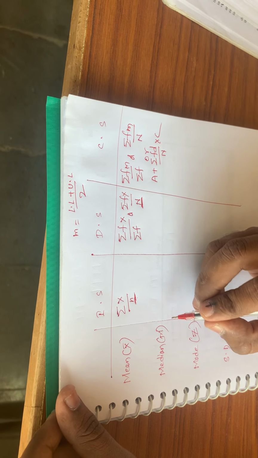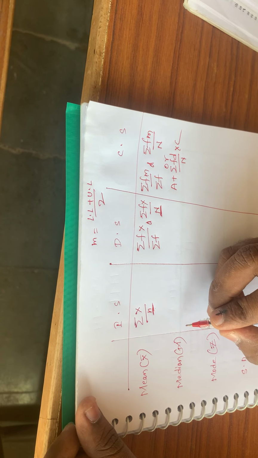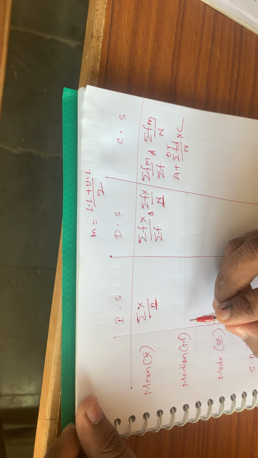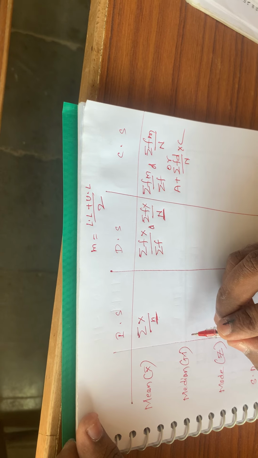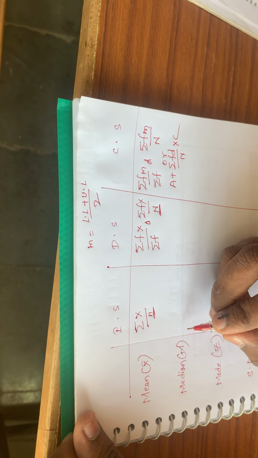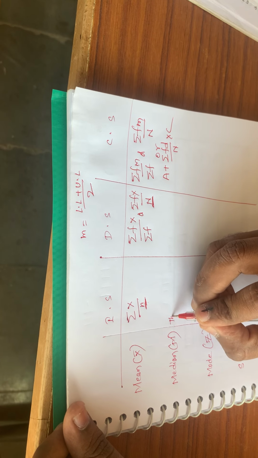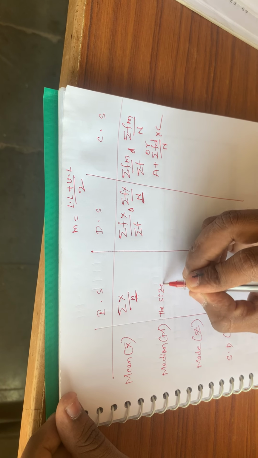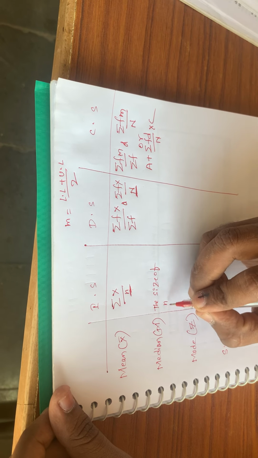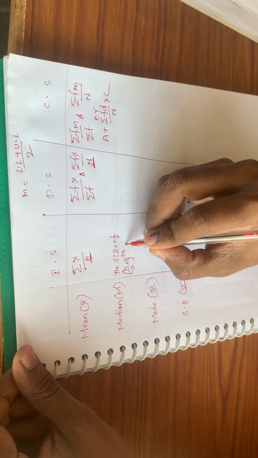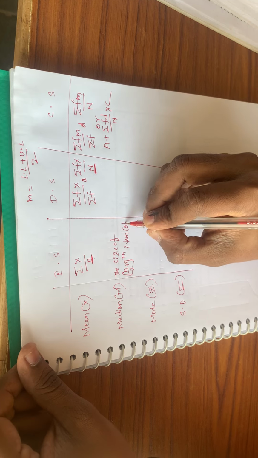Now coming to median, here in the median we have two formulas: if n is an even number and if n is an odd number. If n is an odd number, for example 7 students, then n equals an odd number. In that case, the size of the n plus 1 by 2th item is the median, that is for odd.